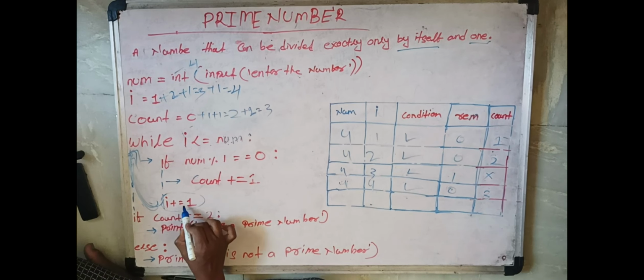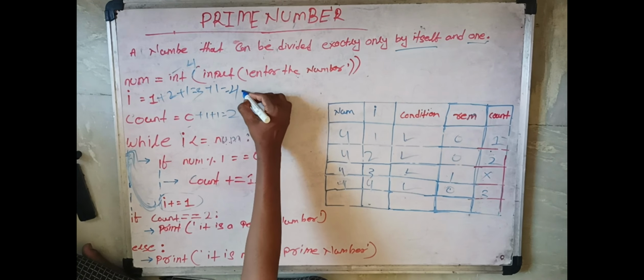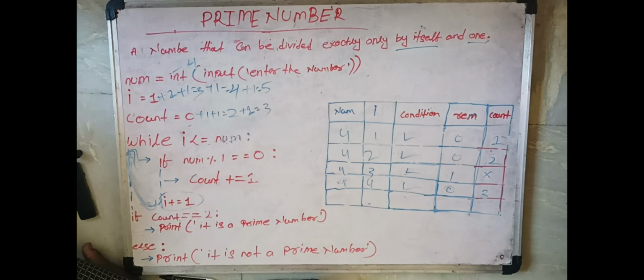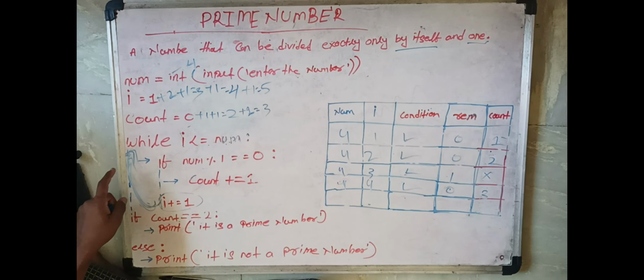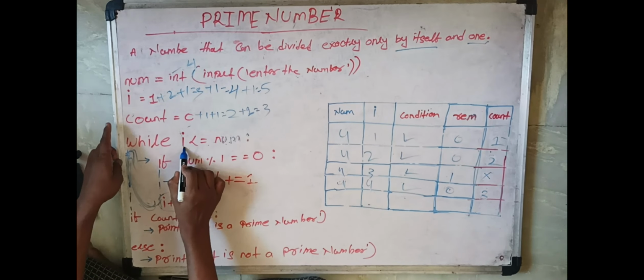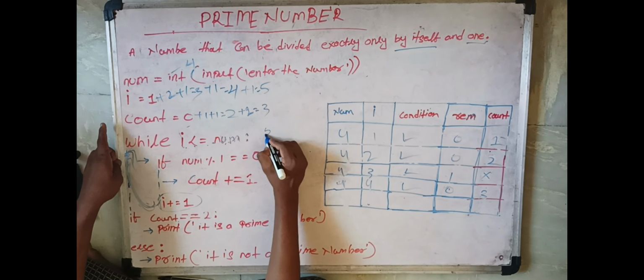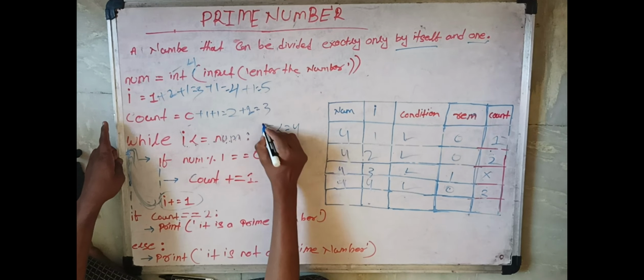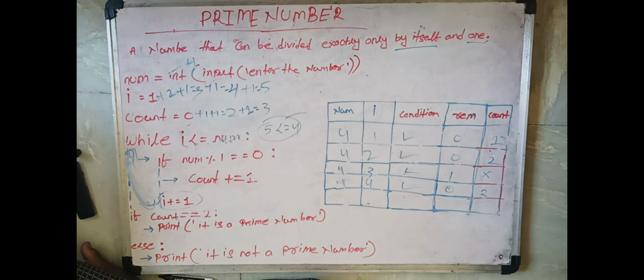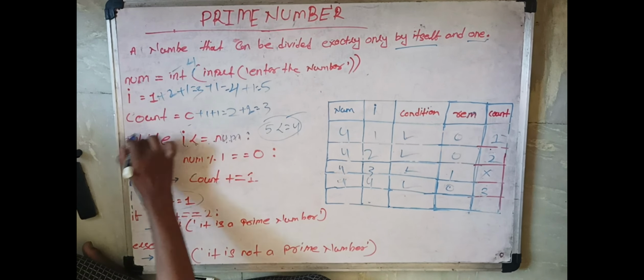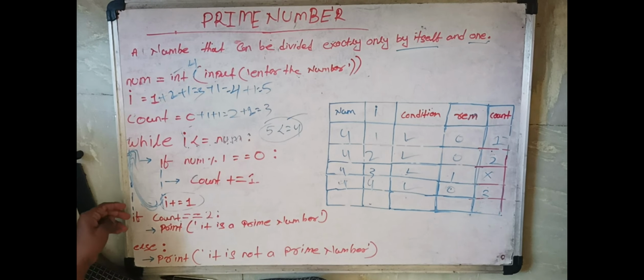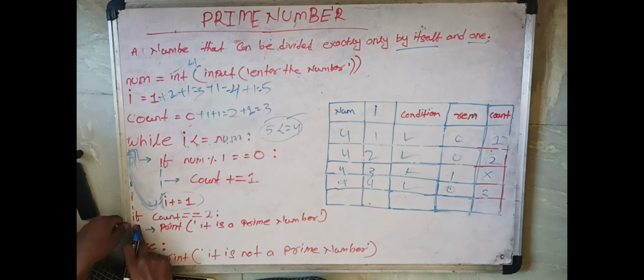Then my I updation, the I value already 4, plus 1, 5. The I value is 5. Then if I less than equal to num, so in this case 5 less than equal to 4, my condition is false. If the condition is false, then the looping statement will be terminated. After termination, I write the if else statement.